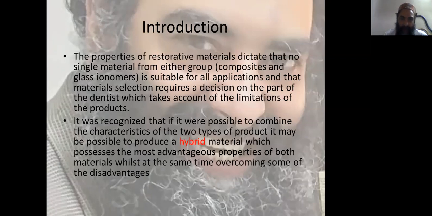So a hybrid type material, which is called cermet, was produced with the most advantageous properties of those materials, which overcomes or has fewer disadvantages of the glass ionomer cement.